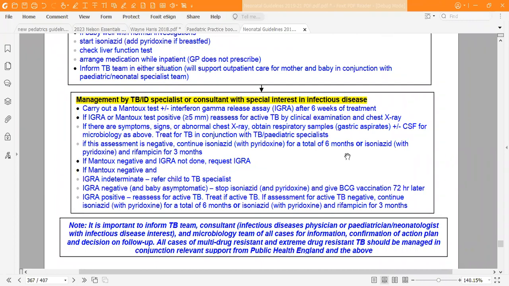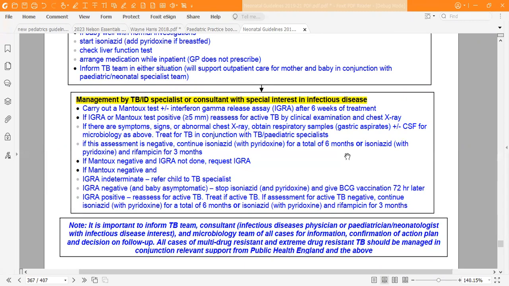If Mantoux negative and IGRA not done, request IGRA. So if I have a Mantoux test negative and IGRA not done, I have to ask for IGRA. If Mantoux negative and IGRA indeterminate, refer the child to the TB specialist.